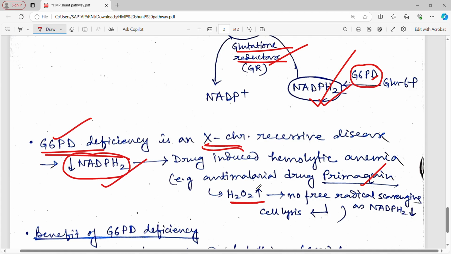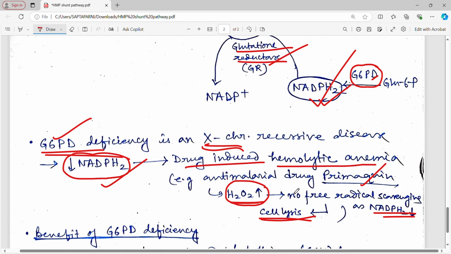So this increasing amount of H2O2 will not get converted into H2O, as the person is lacking NADPH2, right? So there will be no free radical scavenging. As a result, H2O2 will accumulate in our cells, and after that cells will get lysed, and this kind of thing is known as drug-induced hemolytic anemia.